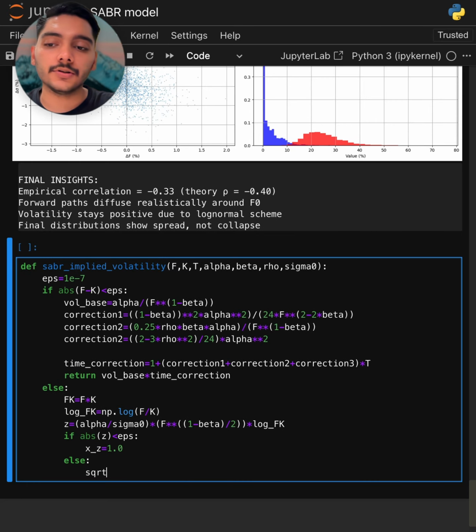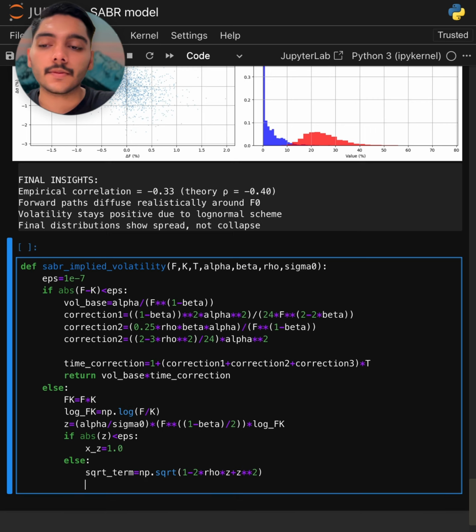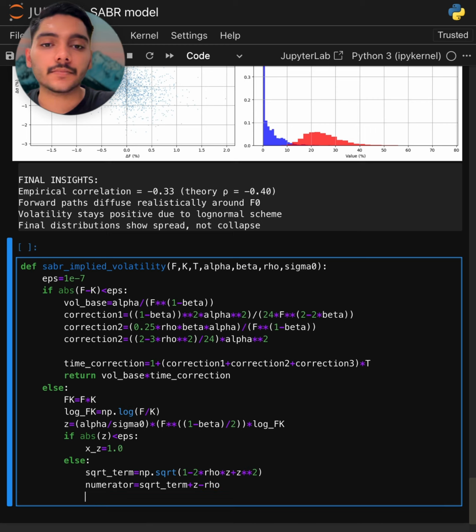let's write the square root term. The square root term will be equal to np.sqrt of 1 minus 2 into rho into z plus z to the power 2. The numerator term will be square root term plus z minus rho, and the denominator will be equal to 1 minus rho.